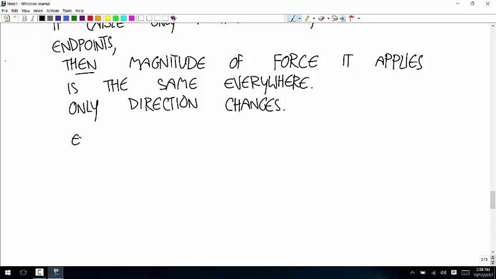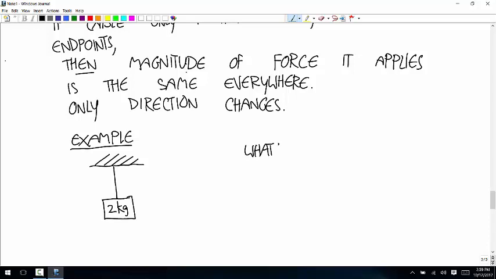Okay, so let me do an example. Let's say you just have a box hanging from the ceiling. So there's a cable connected to the ceiling, and that's connected to this mass. Let's say this has a mass of 2 kilograms. And we want to know what's the force applied to the ceiling by the cable.